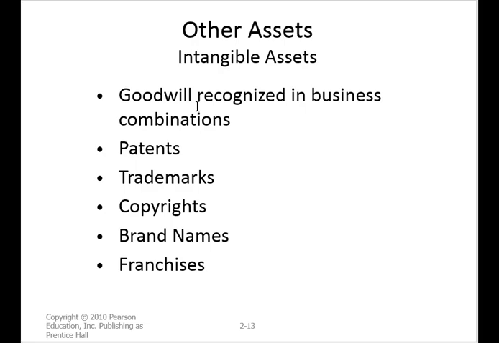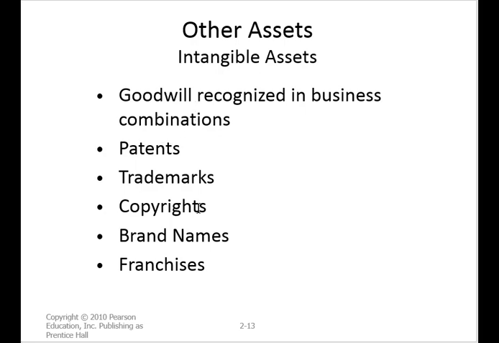Remember, when we do consolidated statements, we take their financial statements and we melt them into our financial statements. But if we paid more than what their book value is, which we frequently do, we need to account for that difference in value. That's what goodwill is.